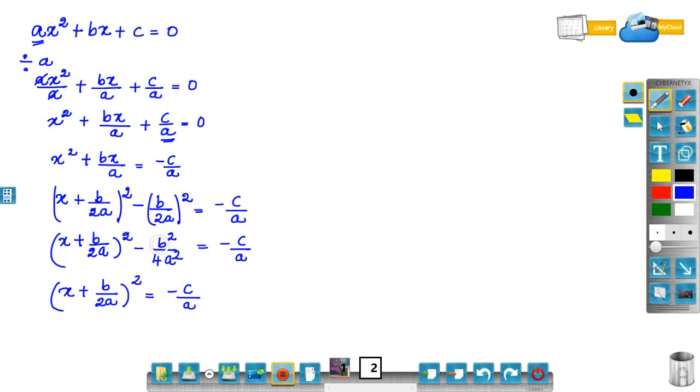Now, take minus b square by 4a square to the right hand side, that becomes plus b square by 4a square.